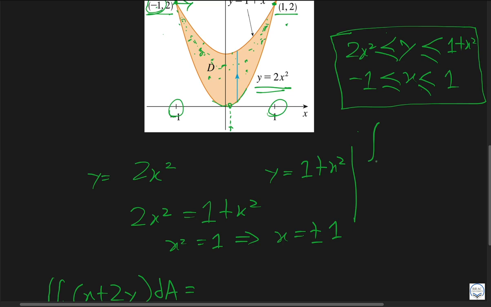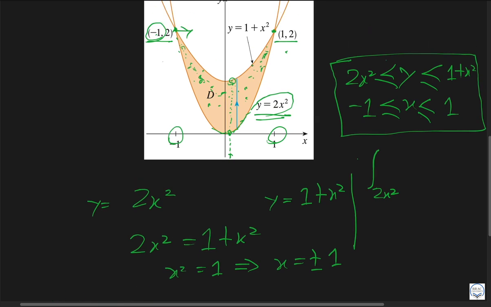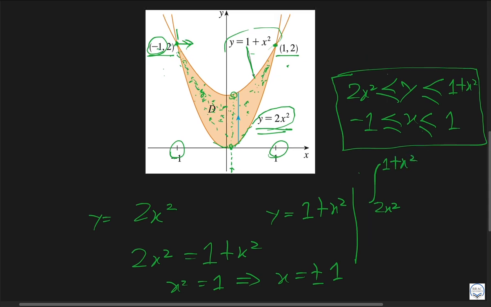So while setting up the integral, the first curve is this curve, which is 2x squared. Then we keep on moving the arrow, and the second curve that it hits will be the upper limit, and we know that this curve is y equals 1 plus x squared.